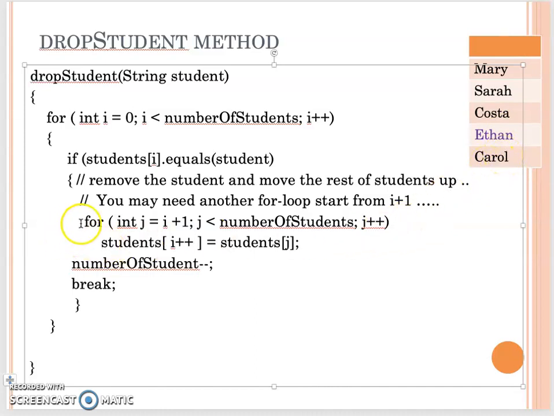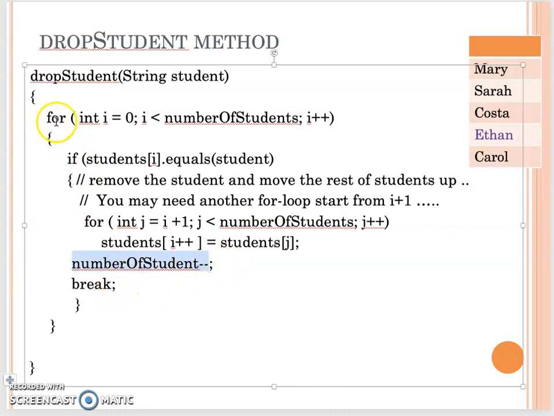So this one you need to see how you will write. My answer may not be completely correct. Actually, you have many different ways to implement that. But the purpose is after you're done, you need to have another for loop to copy over the rest of that. So then after you're done, your number of students you need to decrement.